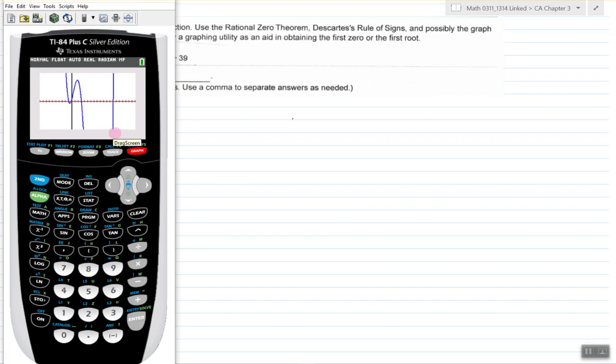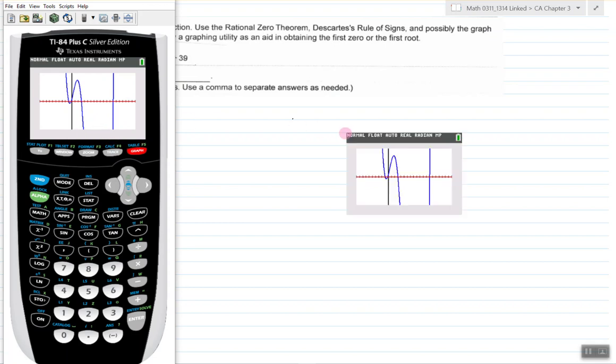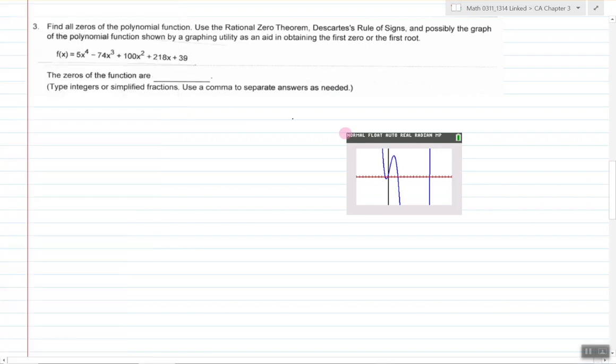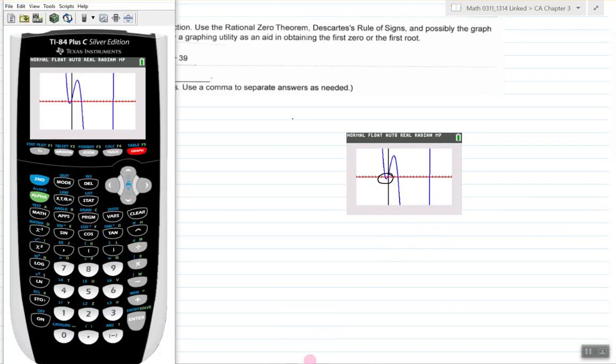I do know that it is going to look like this, and if I wanted to, I could say that that's going to do something like that. I don't know how far down it will go, but it will be down there. Let's look right here. The only zero that I can absolutely tell for sure appears to be negative 1.